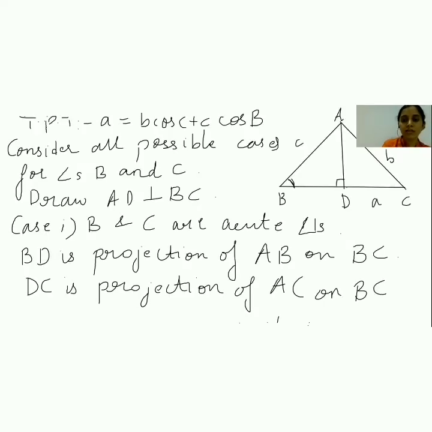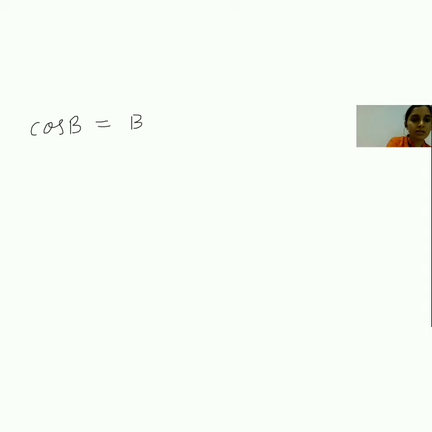Cos of B is adjacent side BD upon hypotenuse, that is C. So BD upon C. Therefore, C cos B is equal to BD. We'll name this as 1.